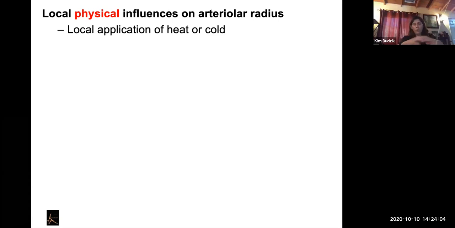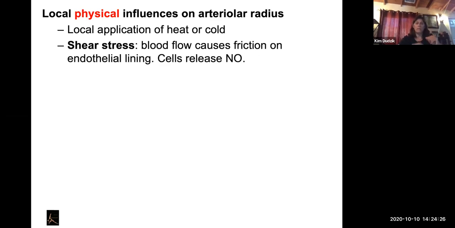Heat is going to warm the area. Remember, our cells can't tolerate too much heat because it denatures enzymes. So blood vessels will vasodilate, sweeping the heat away. And then the opposite, if it's cold, the cells don't want to lose heat. So the blood vessels are going to vasoconstrict, keeping the heat in the area instead of sweeping it away.